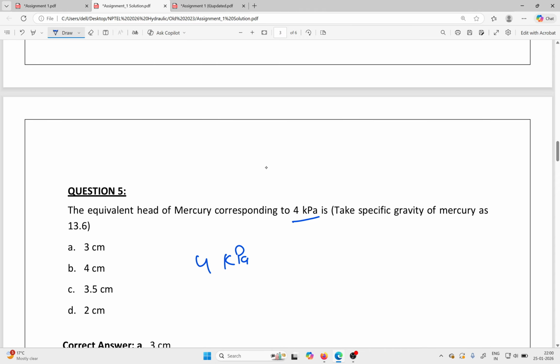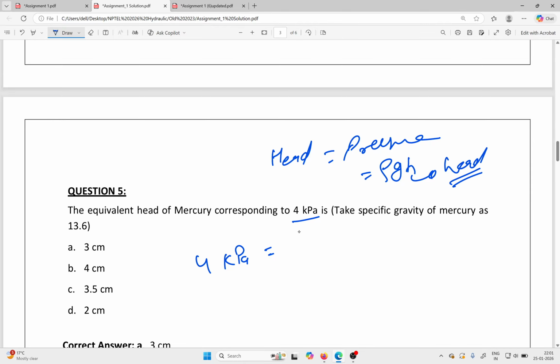Equivalent pressure. Head means here pressure, rho g h. So h here is head. So rho is 13.6, specific gravity, multiplied with 100, then this is your rho, and g I'll take as 10, and head you need to calculate.